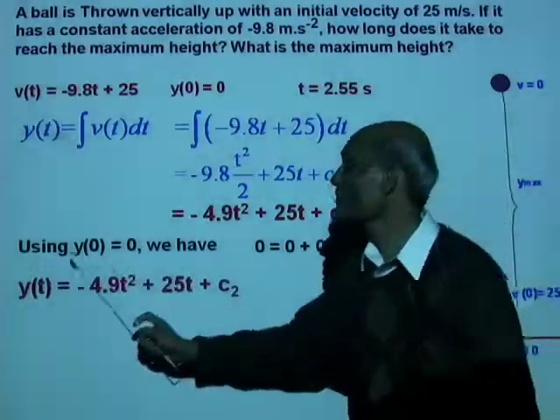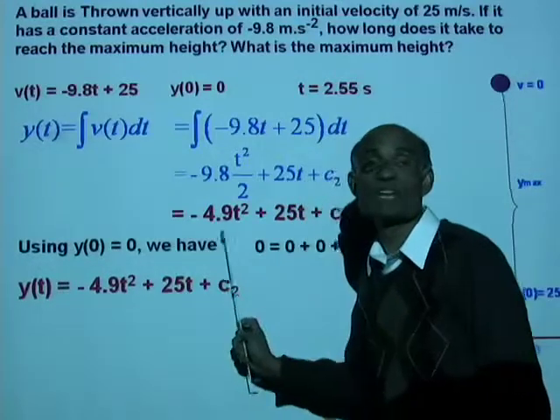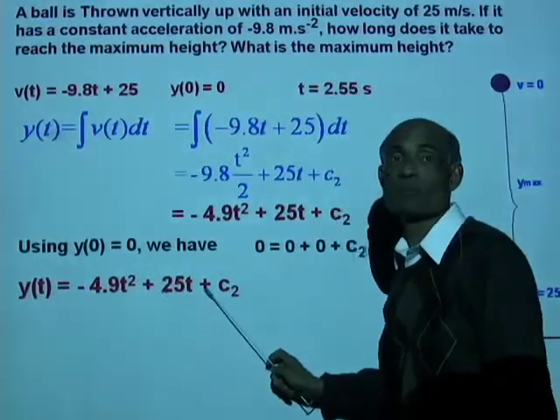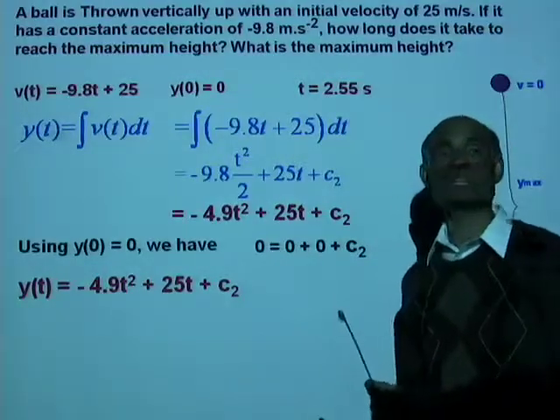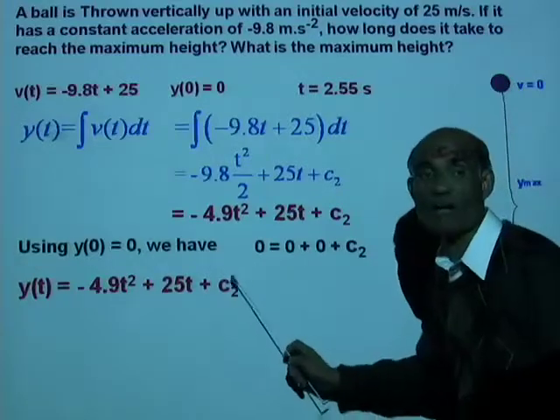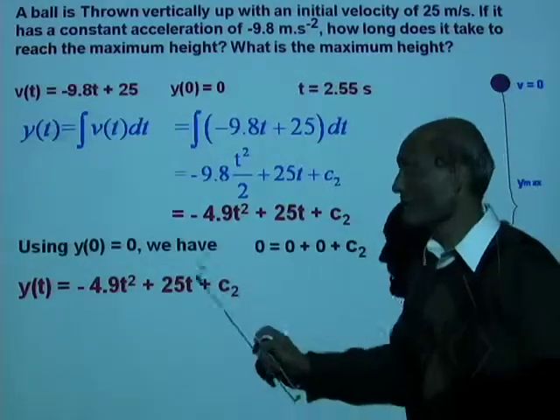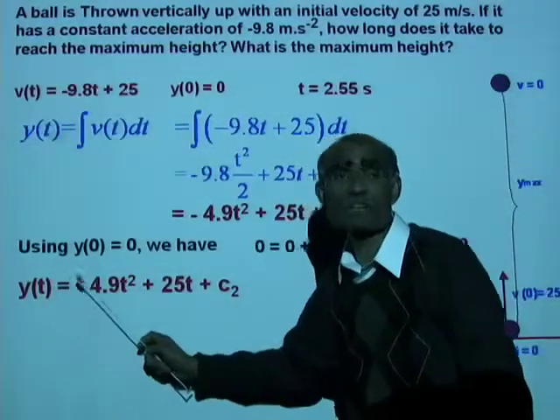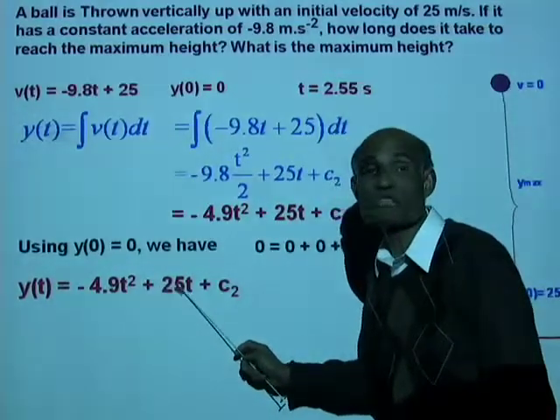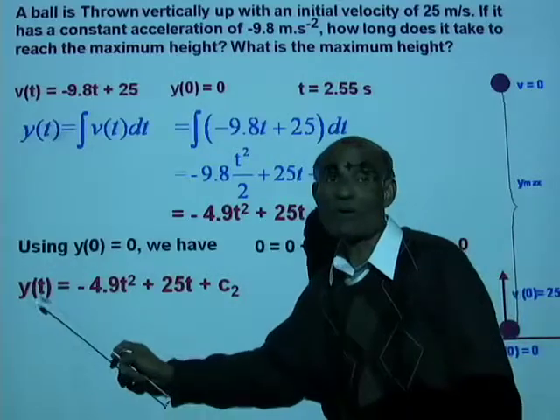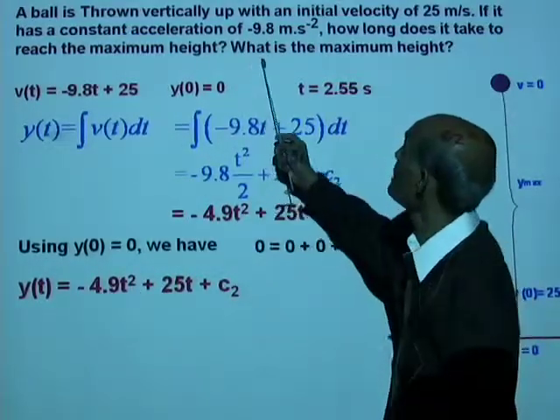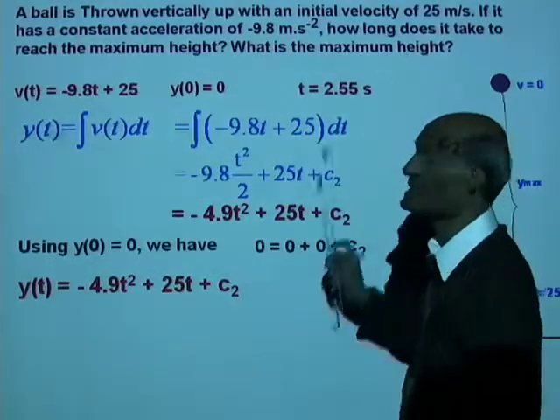Therefore, our position function is y of t equals negative 4.9 t squared plus 25t plus c2. Well, c2 is 0, so just cut it off. Our position function is y of t equals negative 4.9 t squared plus 25t. Now, once you know the position function, what we need to find is the maximum height.